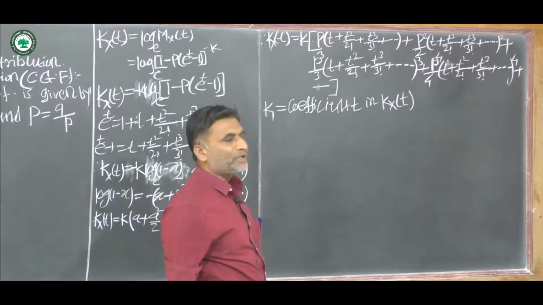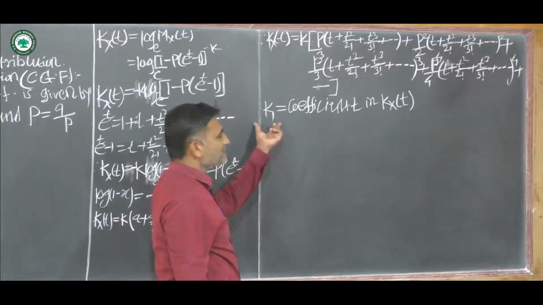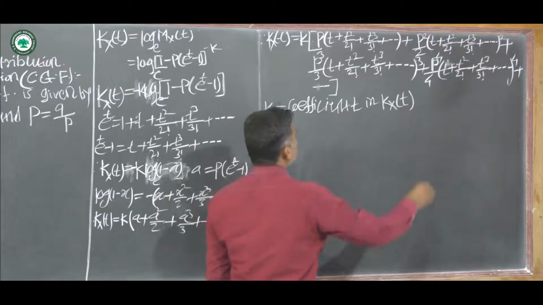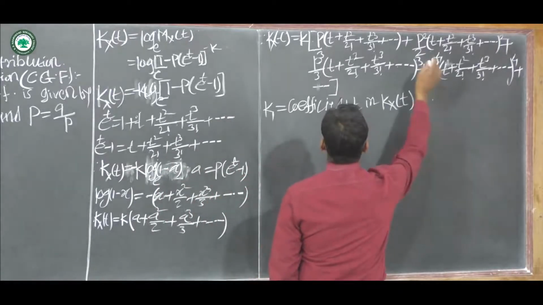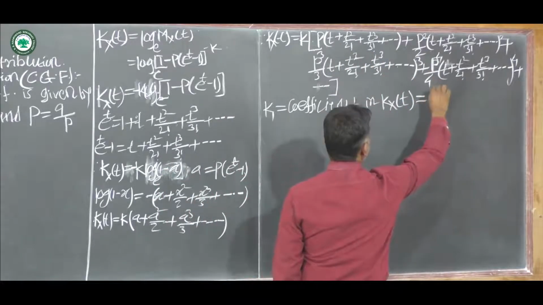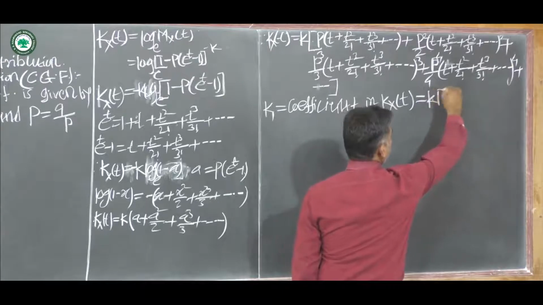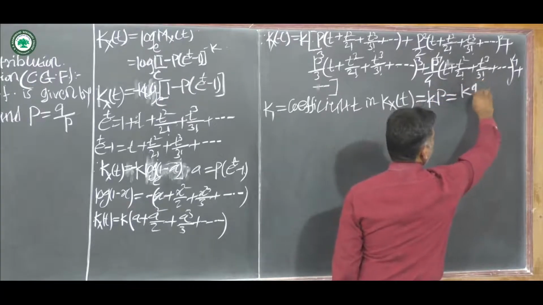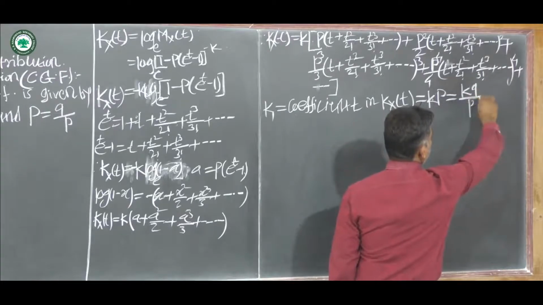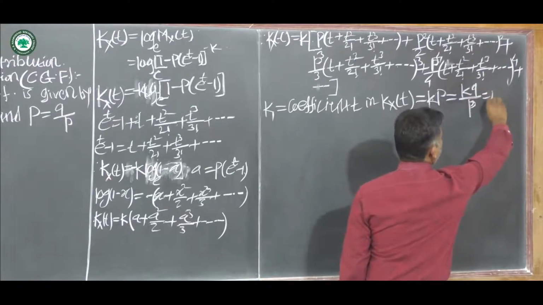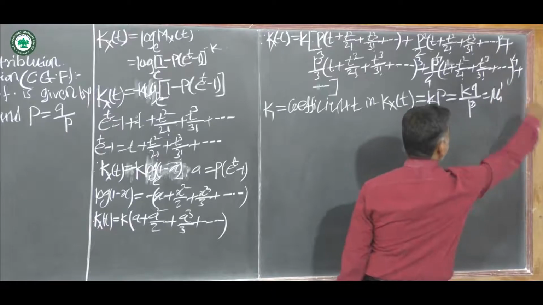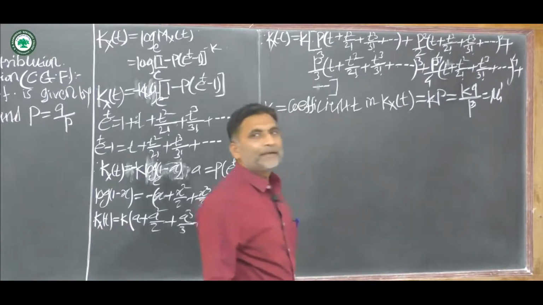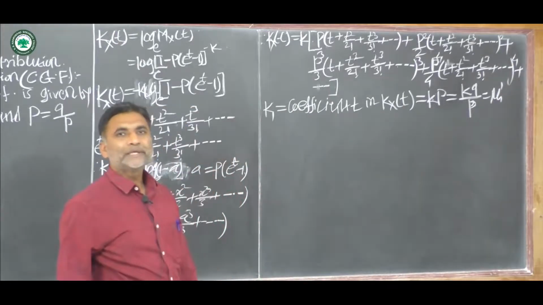We take the coefficient of t, and that is the first cumulant k1, and we know that k1 is equal to coefficient of t is equal to only k into capital P, which is equal to kq upon p, which is the mean of negative binomial distribution. Capital P is equal to q upon p.